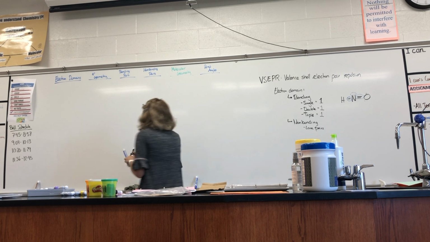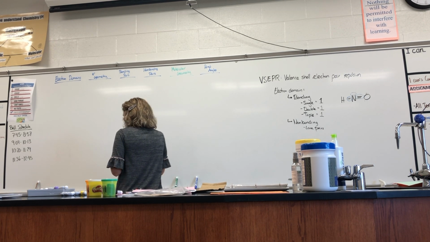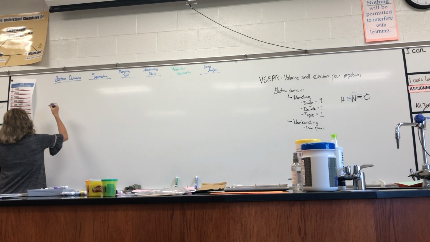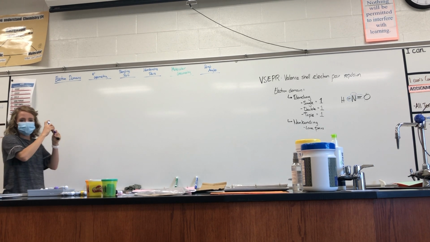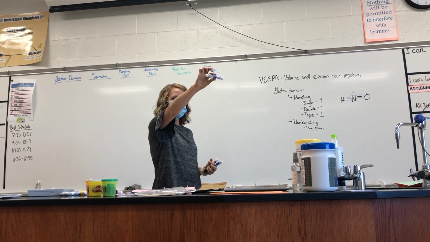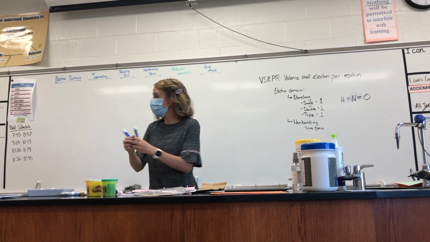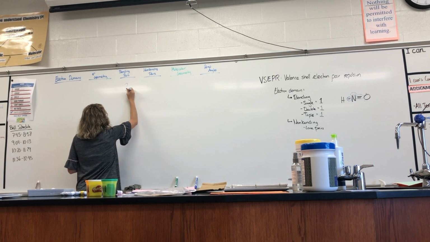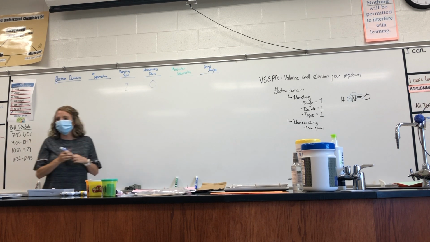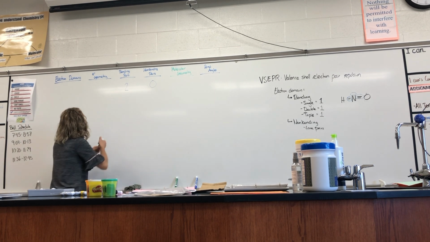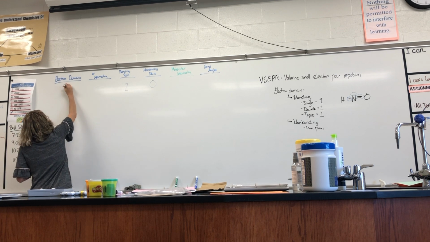All right, let's take a look at our first little guy here. So hold up your two-sided one again. We already kind of looked at him. So you should have a shape once again that looks like this. Okay, so we would say that this one has 2 bonding pairs and 0 non-bonding pairs. 2 domains total.